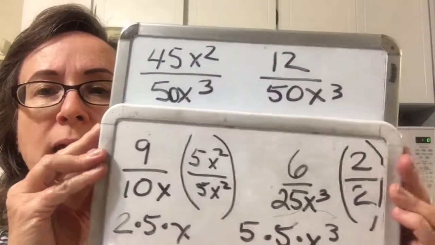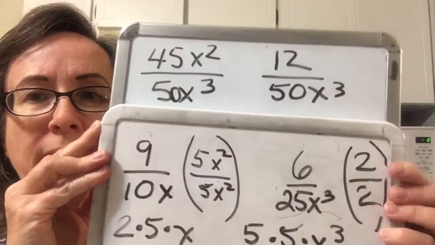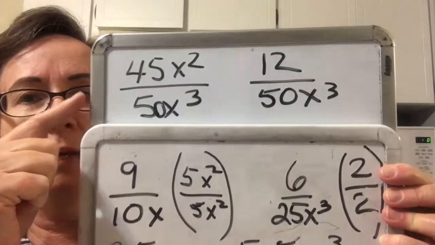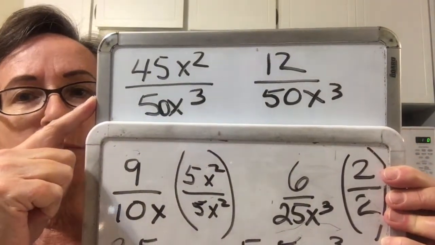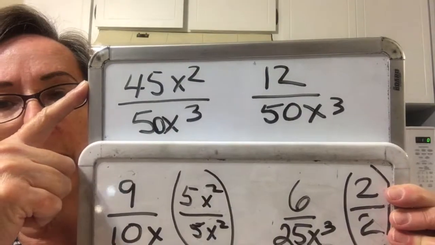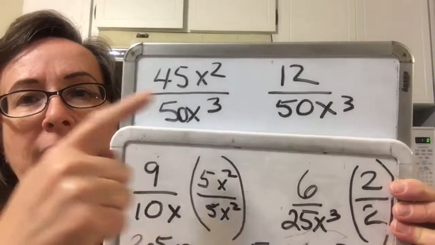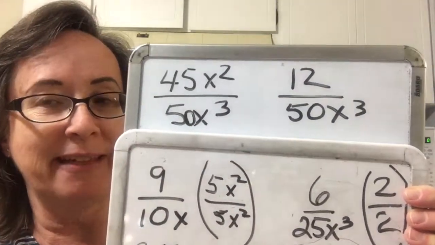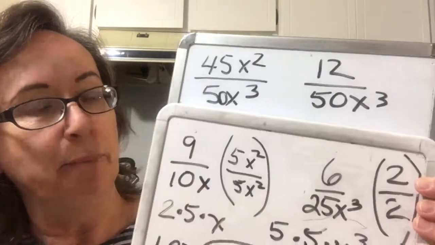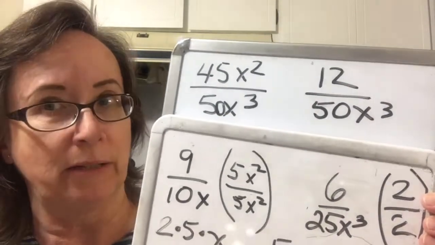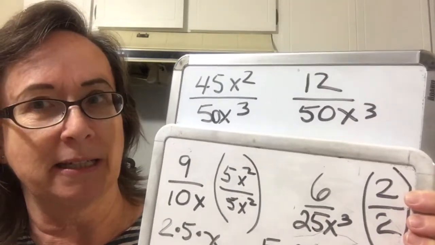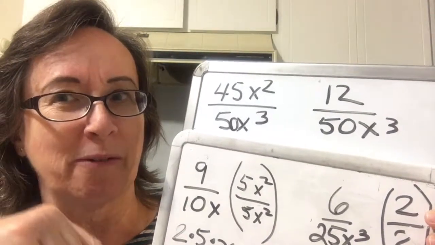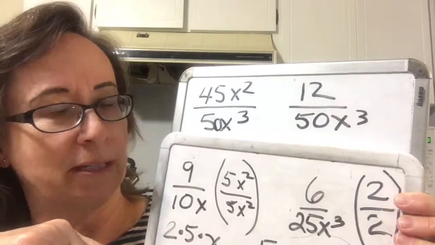Okay, so this is why usually when I do these, and you'll see me do it in the classroom, instead of writing them like this, I will write them as 45x squared over LCD and 12 over LCD until I actually get them added or subtracted, because some of my best students are so diligent about looking at their problems that they will accidentally reduce before they add or subtract.